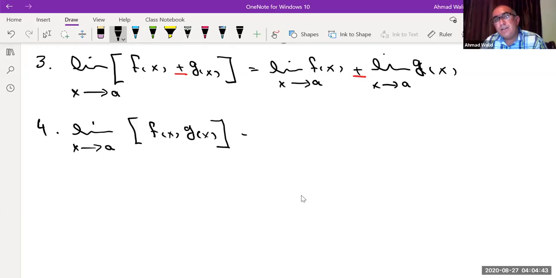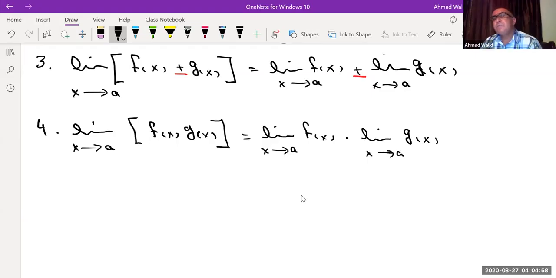Same as addition, you can write the limit as x approaching a of f of x times the limit as x approaching a of g of x. I will not do small examples here for you. When we start with big examples, I'll show you all these rules.